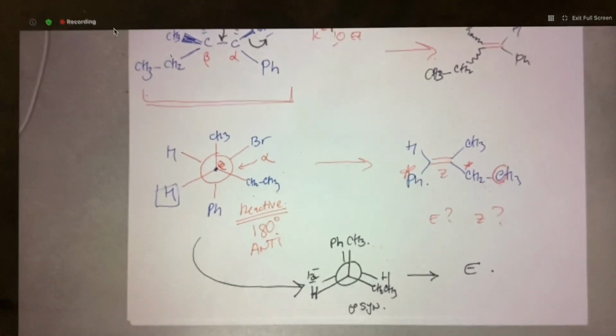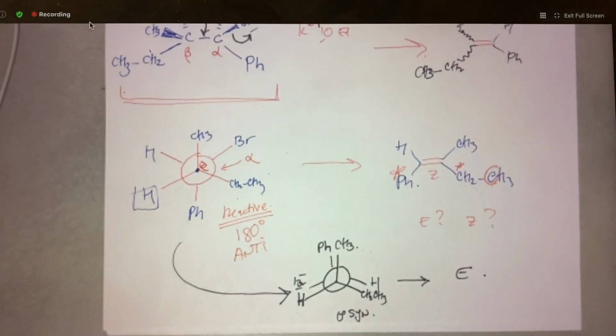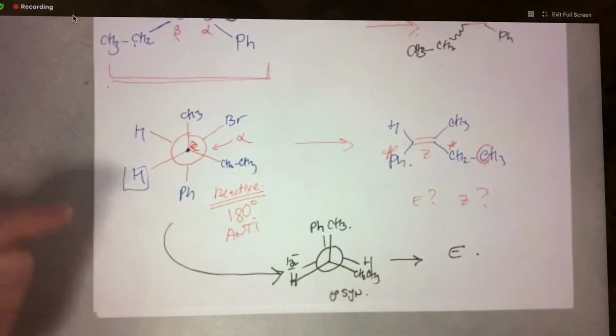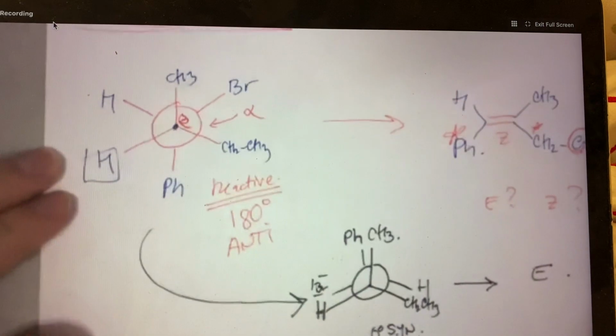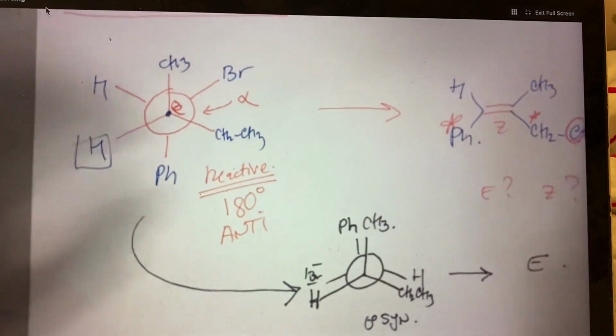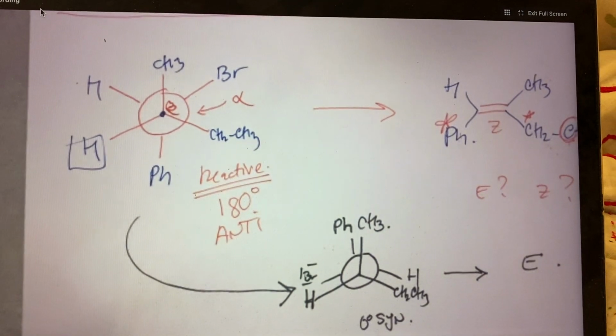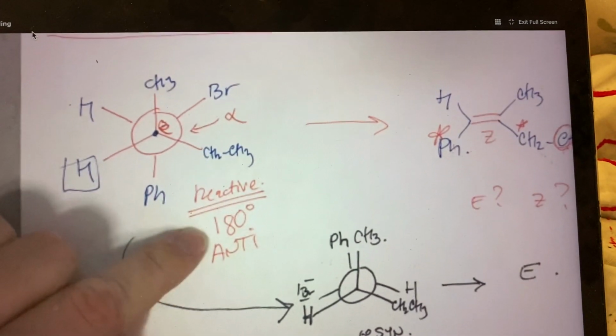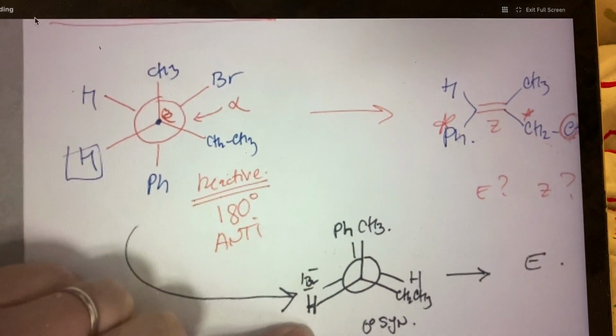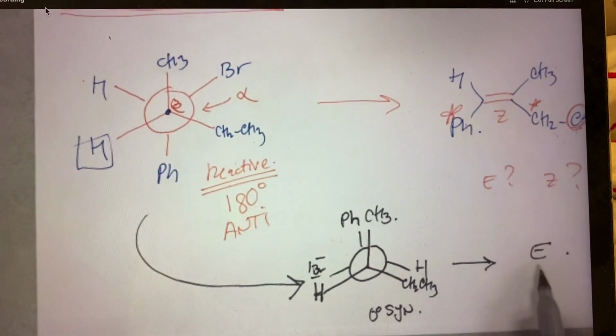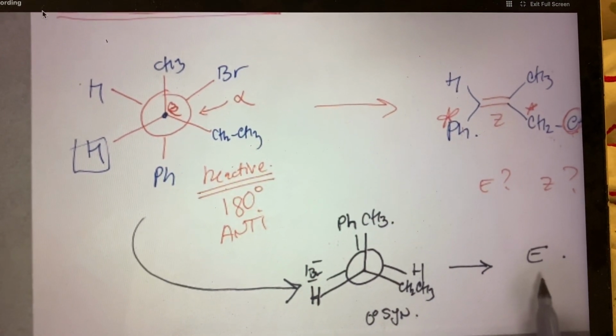So this would be the syn conformation, the conformation in which these two groups are 0 degrees disposed to one another. And this conformation would also work and be reactive. This is favored. This is unfavored. And this could give a tiny amount of the E product.